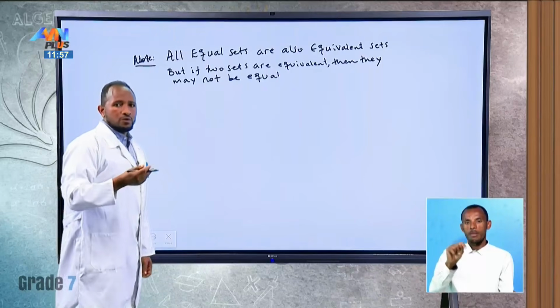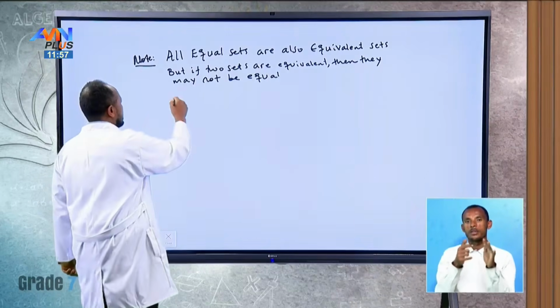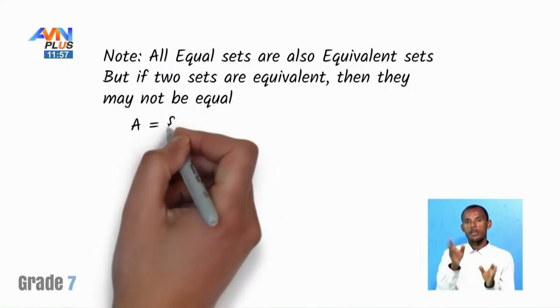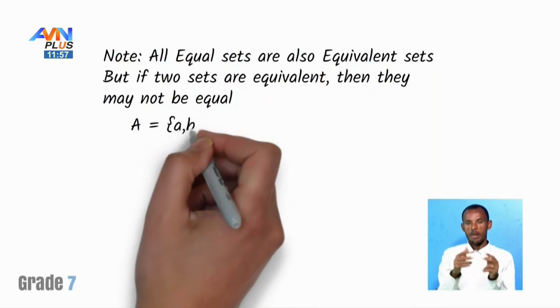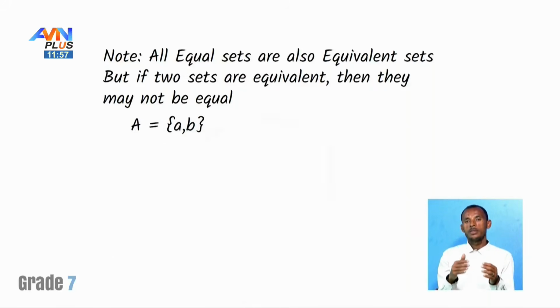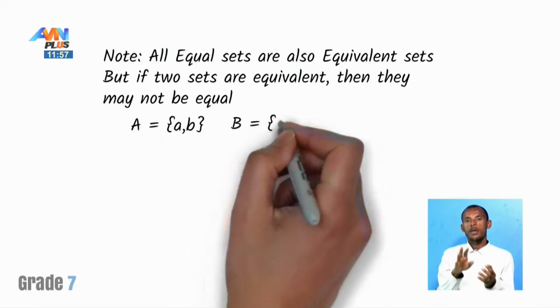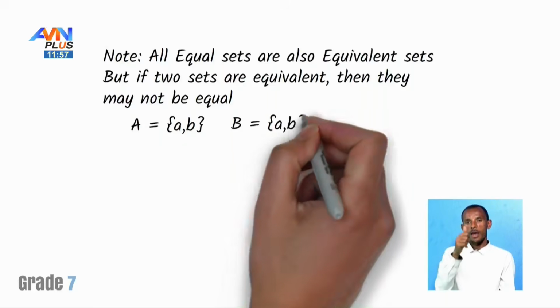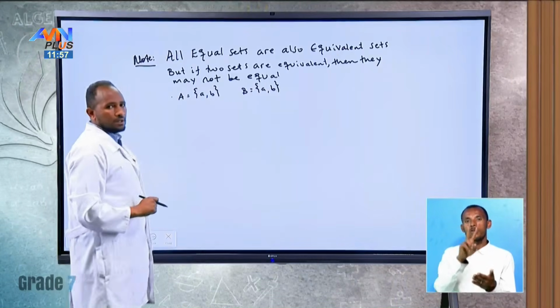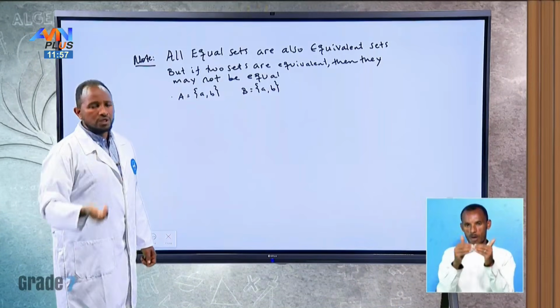We can see this concept through example. If you take equal sets, assume set A contains a and b, set B also contains a and b. These two sets they are equal, they are also equivalent.